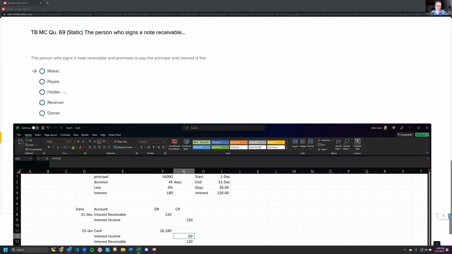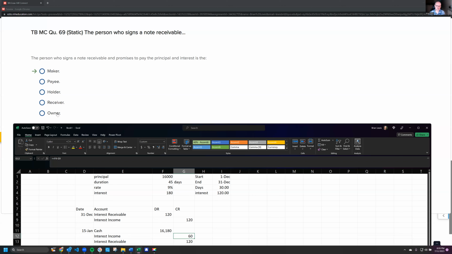A holder, they do not hold. A person who signs it and promises to pay isn't holding the note. The person that is going to get paid is the one holding it. They're also theoretically a receiver. So a receiver isn't the person who's paying it. The person who's receiving the payment is the receiver. So that's a no. An owner of the receivable is essentially the same as a holder.